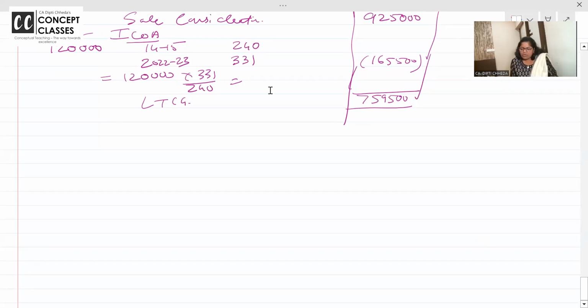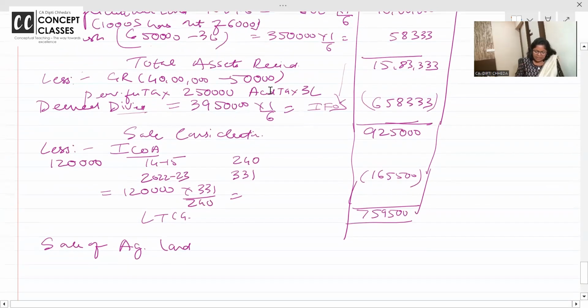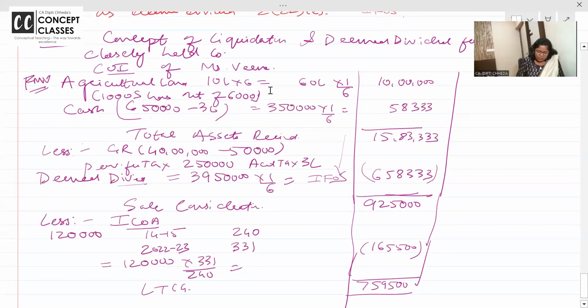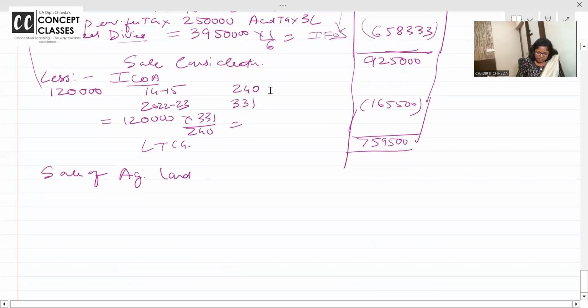Yeah, short-term capital gain. Now it will come. Sale of agricultural land. Sale value. The FMV that I have received will be the cost for me now.